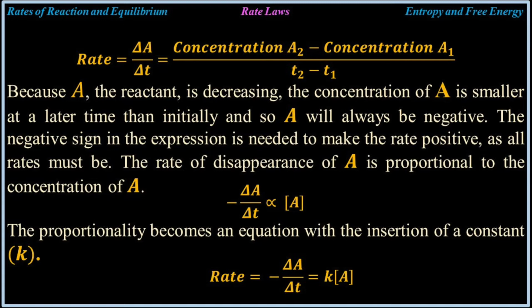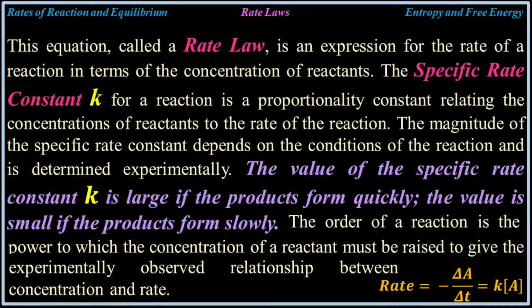Negative delta A over delta T is approximately equal to, or proportional to, the concentration of A. The proportionality becomes an equation with the insertion of a constant K. Rate, minus delta A over delta T, equals K times the molar concentration of A. This equation, called a rate law, is an expression for the rate of a reaction in terms of the concentration of reactants.